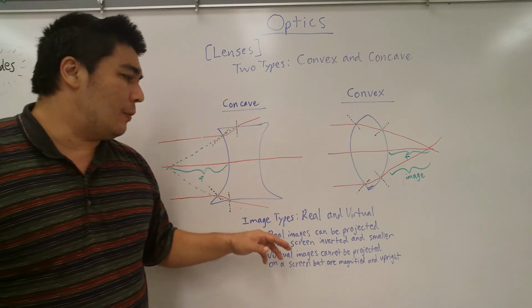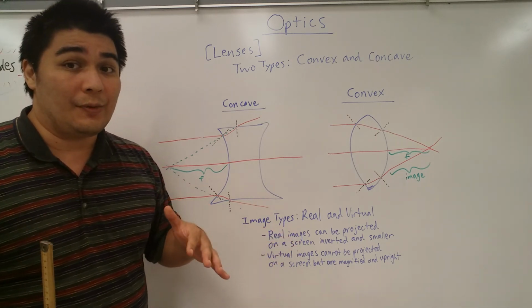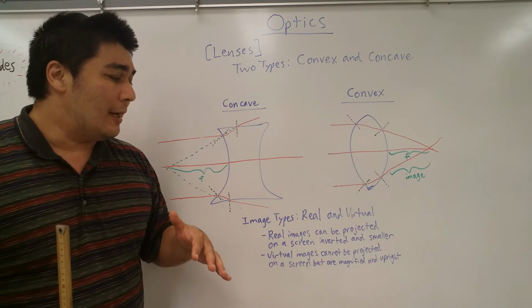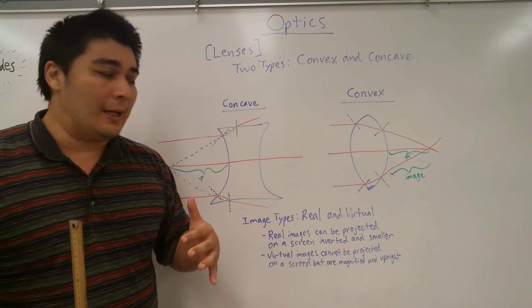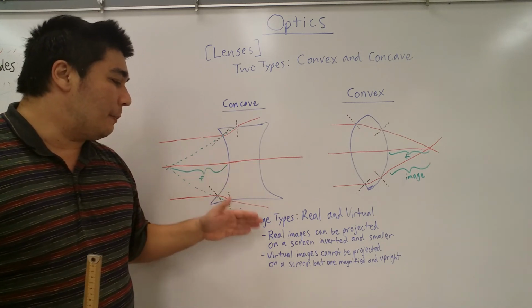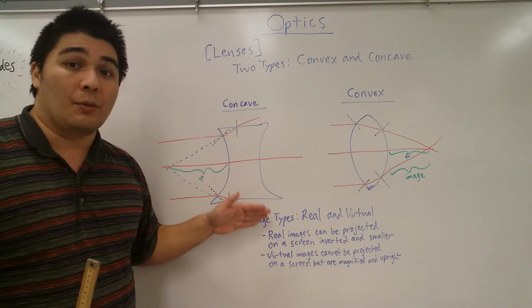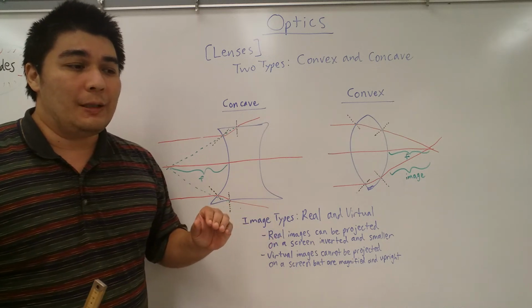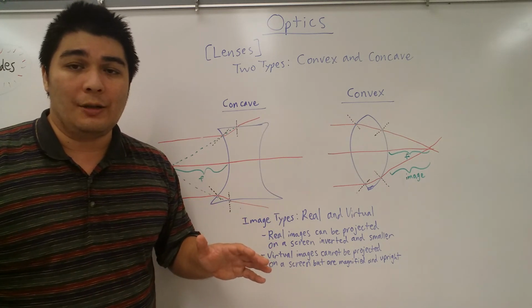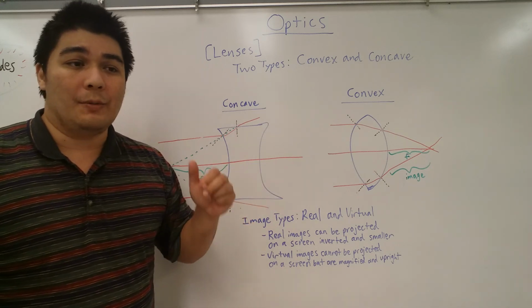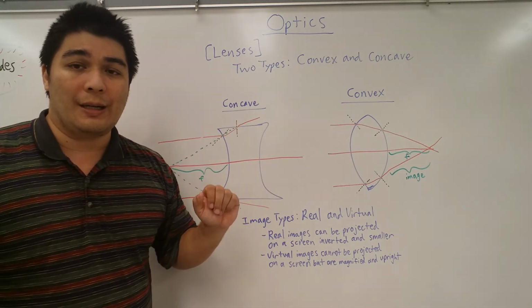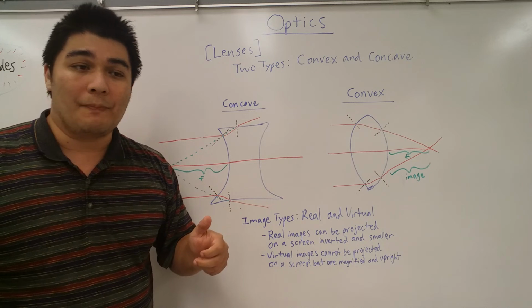I'll get into this more in the second video of this series, where I talk about how they become this way. But one of the key ideas is that a real image will generally be a little bit smaller, but it will also be upside down. It'll be real, projected on a screen, but upside down.